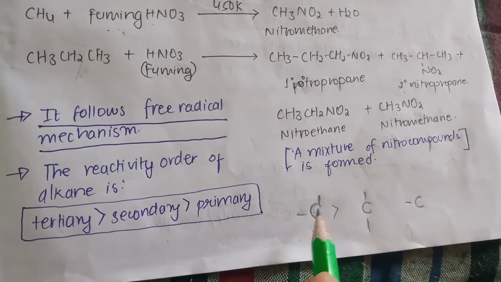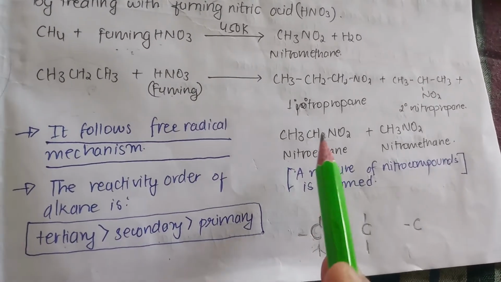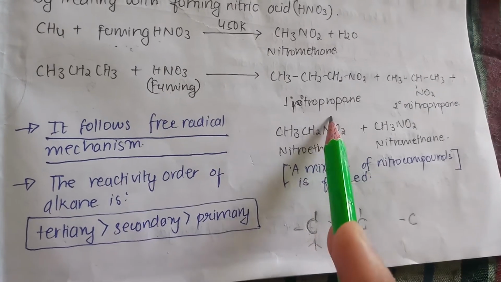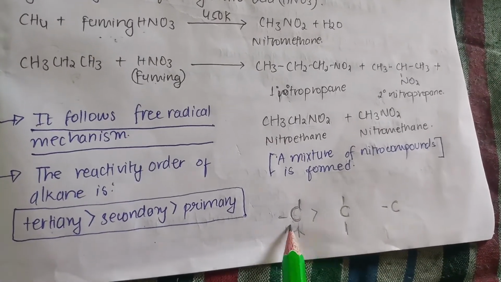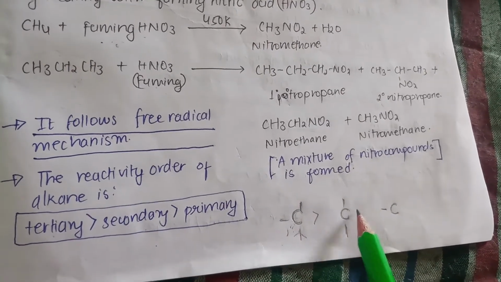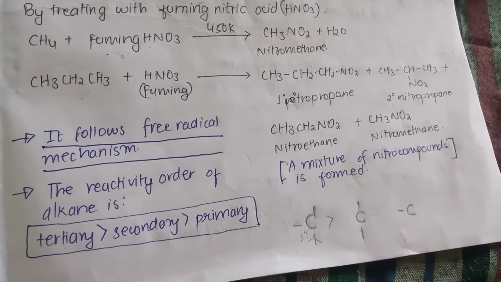When they donate electrons, this carbon becomes highly electron rich, and the attachment of the NO2 plus nitronium ion in tertiary compounds is much easier in comparison to secondary and primary alkanes.